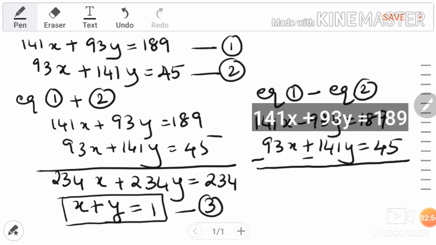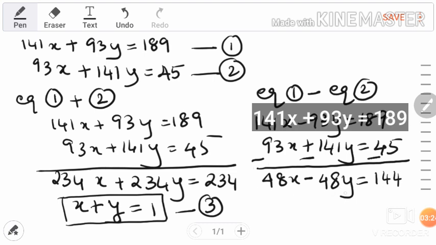So here this becomes minus, minus and minus. So 141 minus 93 is 48x. Over here minus sign is with the bigger number, so you'll get minus. Since we are subtracting same numbers, again we get 48y equal to 144.